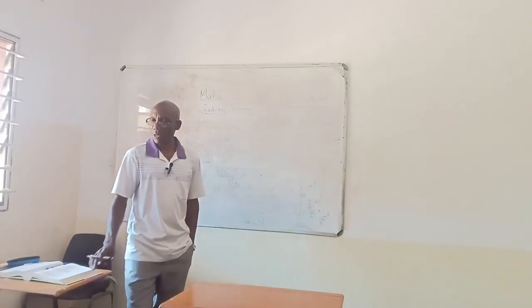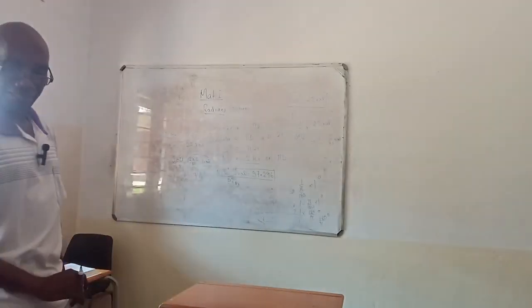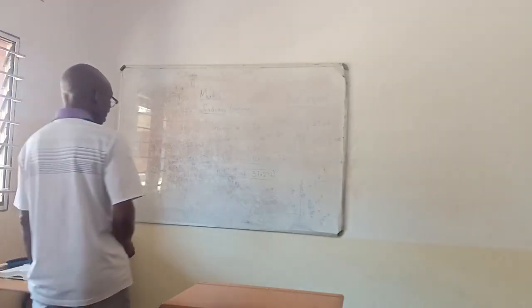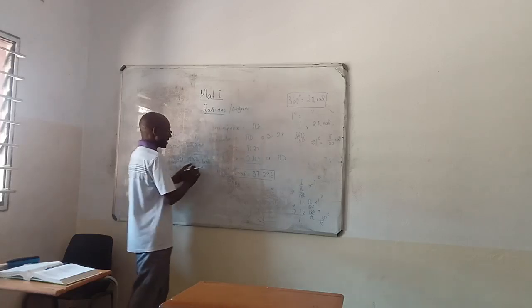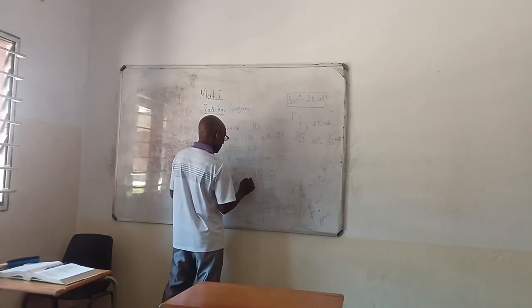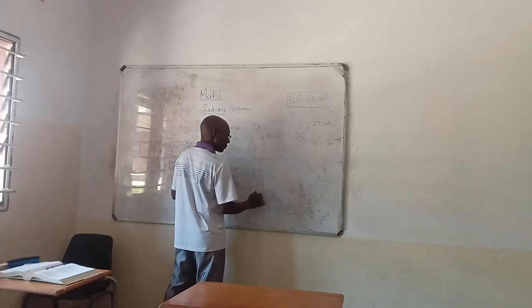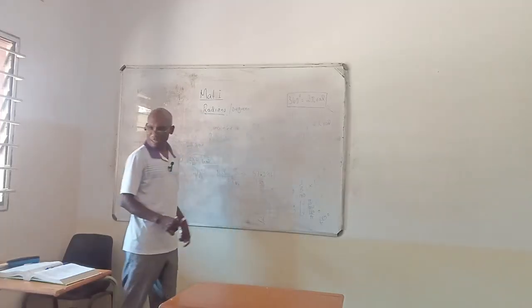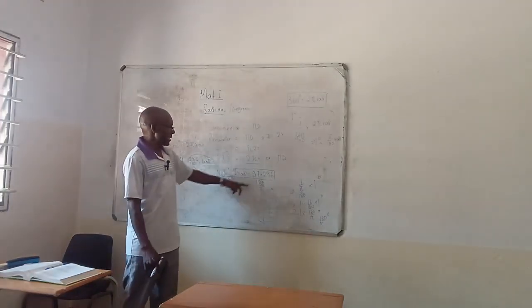Are we together? I don't want you to get lost. 1 rad is this one, but we're saying that this rad is equivalent to 57.29, which is the same as 180 divided by pi. You have calculators. Can you take 180 divided by pi?